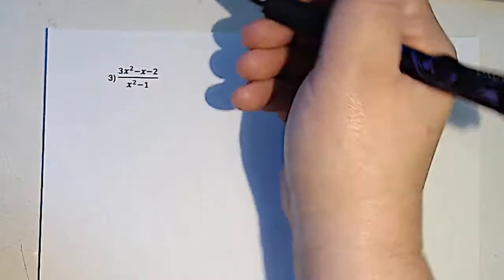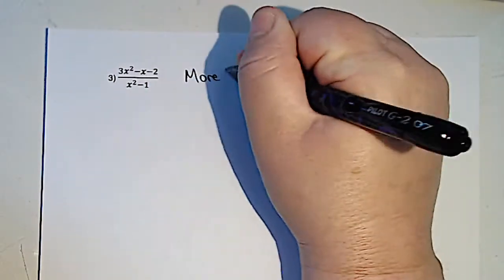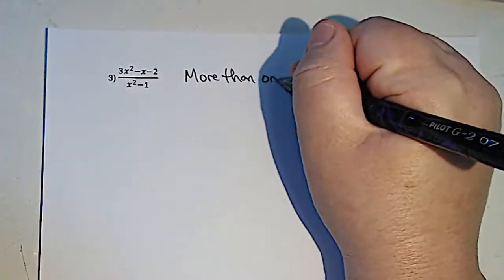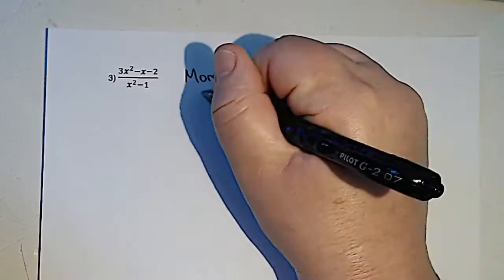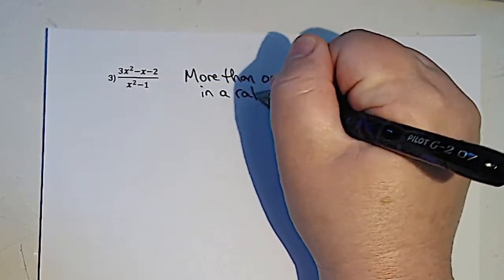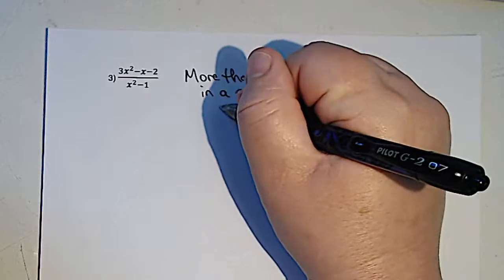Okay. Wow. Now's the time when you're going to be so glad that we just did chapter 5, because chapter 5 was chock full of factoring. Notice I have more than one term in a rational expression.